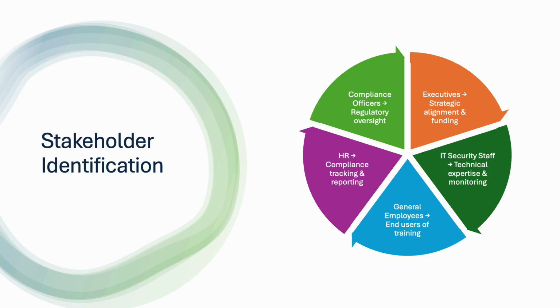The executive leadership team is the first major stakeholder group. Executives play a critical role by providing funding, strategic direction, and visible support for the project. Their main interest lies in reducing organizational risk, ensuring compliance with regulations, and protecting the company's reputation.